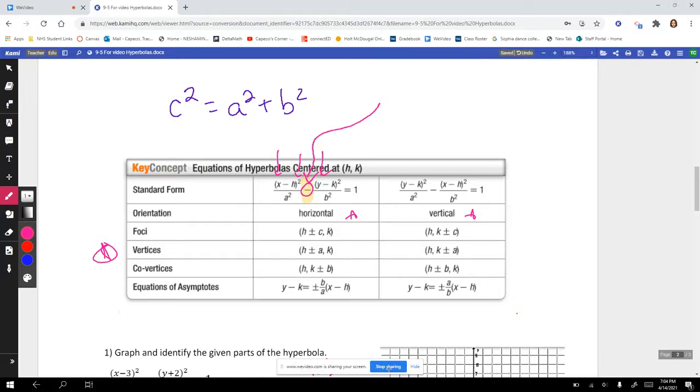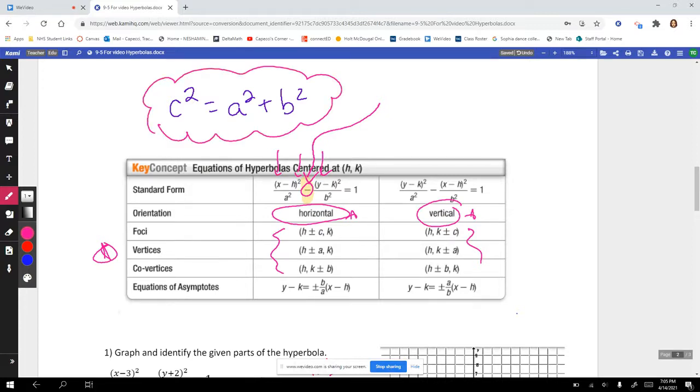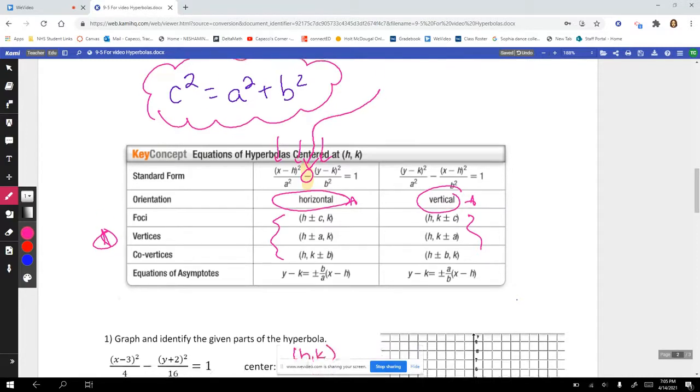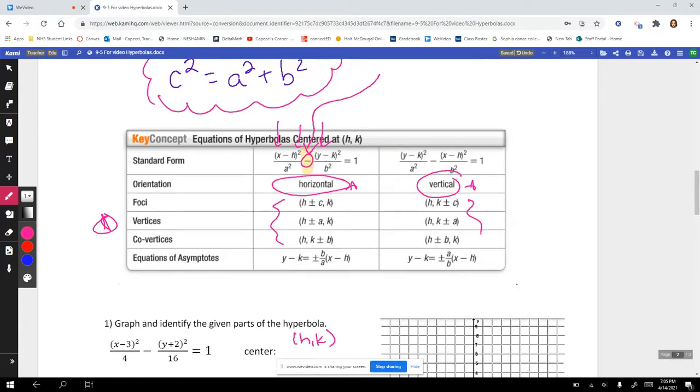If the X comes first, the orientation is going to be horizontal. If the Y, it's vertical. Again, we have coordinates for our foci and our vertices, and we're going to talk about that. Also, when we're looking for our C value, that's the little equation we're going to use, in previous shapes we subtracted, instead of added. So we have to keep all of that in mind.